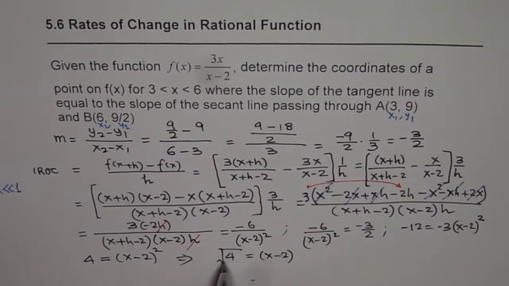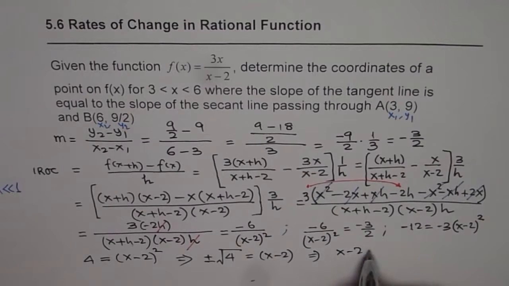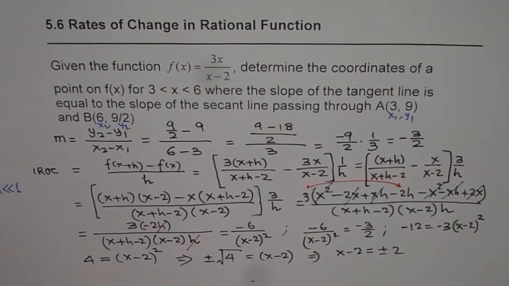Whenever you do square root of 4, you have to do plus and minus, because both minus 2 square and plus 2 square will be 4. So x minus 2 equals plus and minus 2.